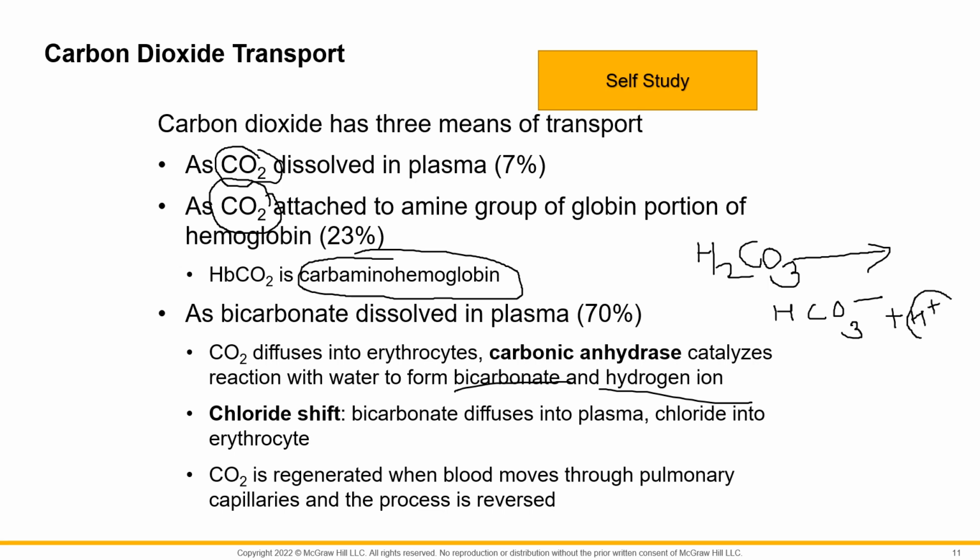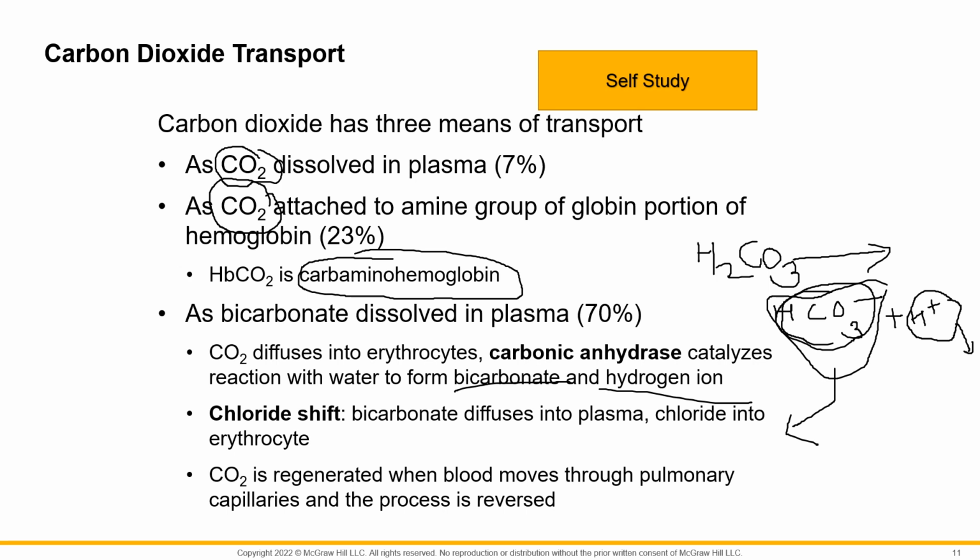Now the H plus is going to become engaged with that hemoglobin molecule, whereas the bicarbonate is going to exit out of the red blood cell, and this is how most of the carbon dioxide is transported.